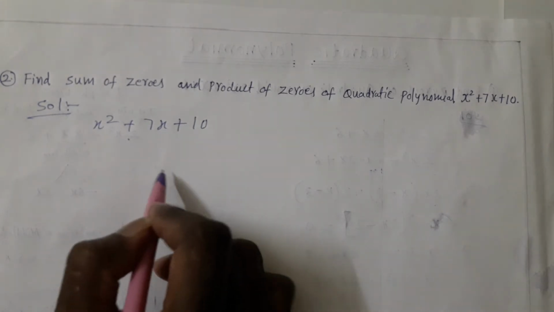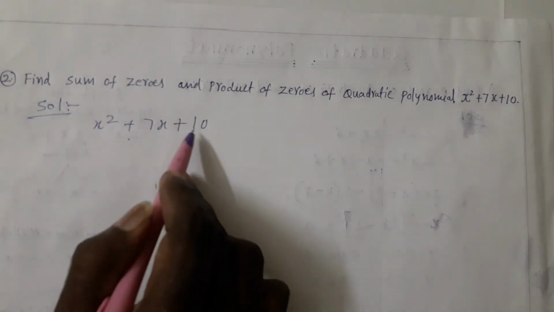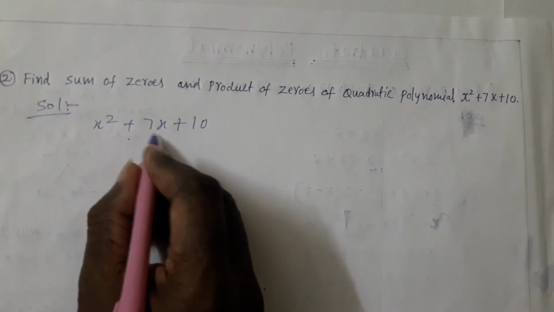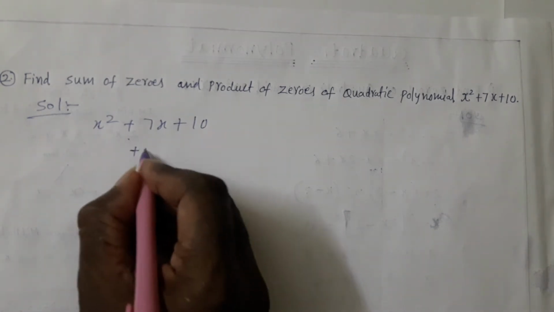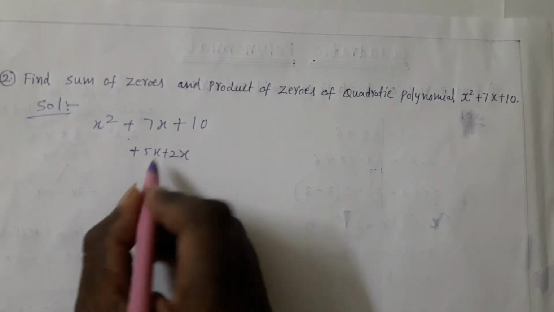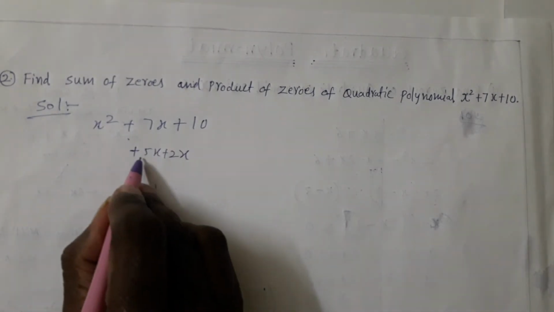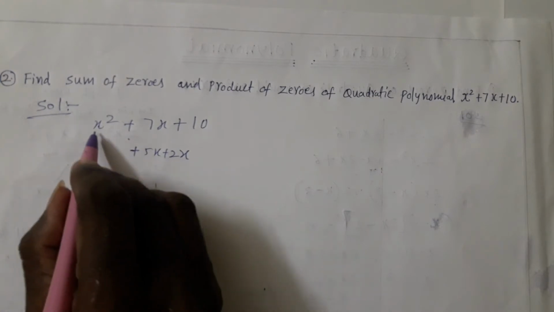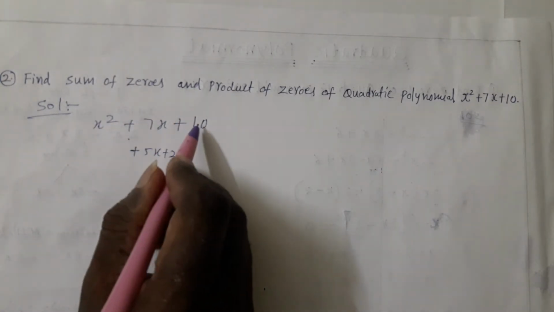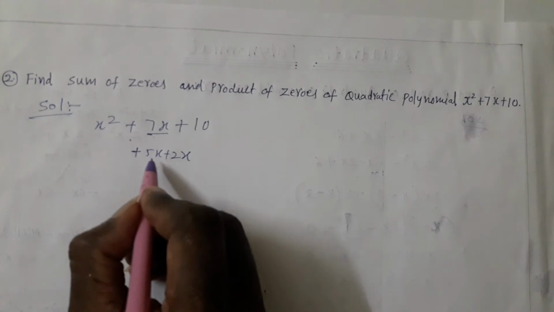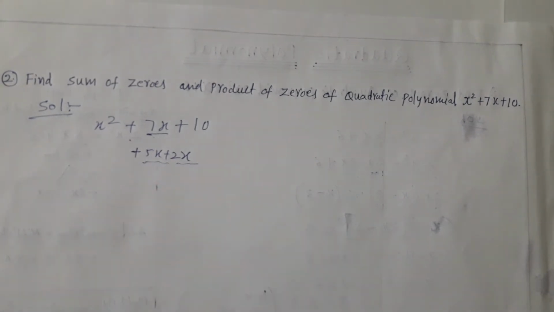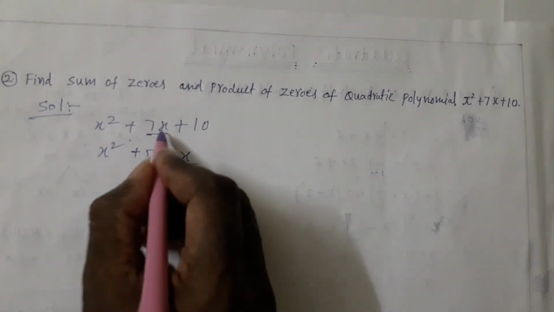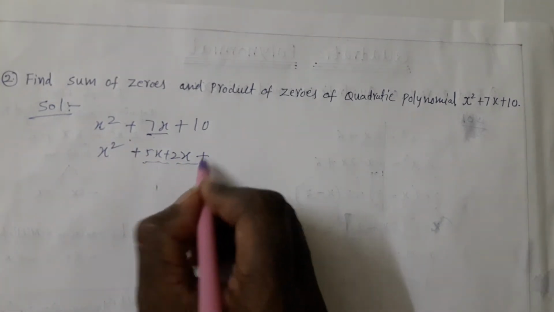If we multiply, it equals the first and last term. 7: 5 and 2. 5x plus 2x, 5 plus 2 is 7x. 5 into 2 is 10x square. Here x square into 10, 10x square. So this is correct.